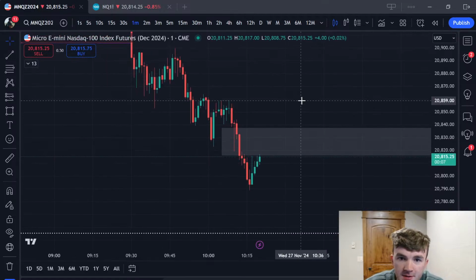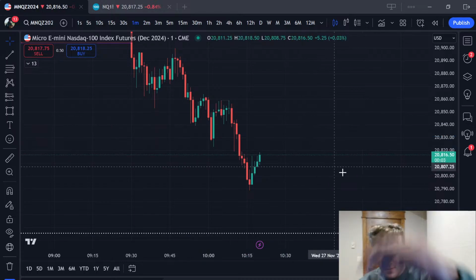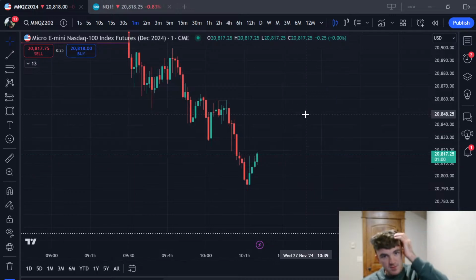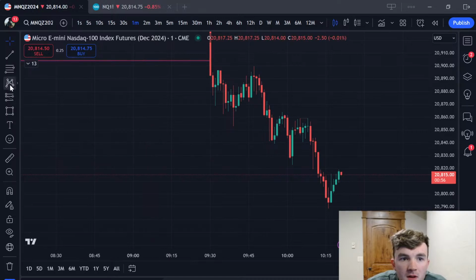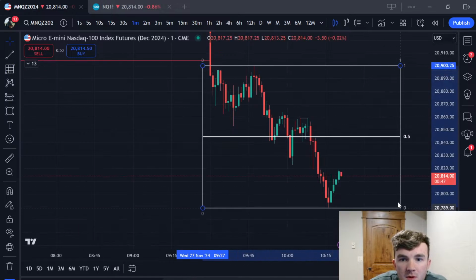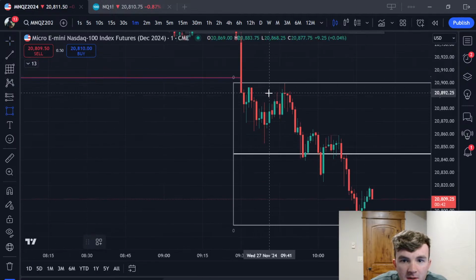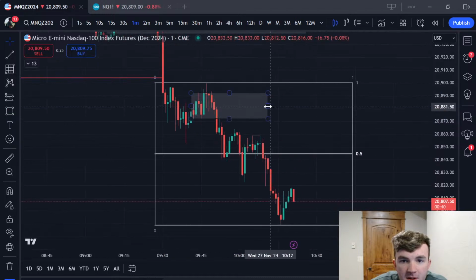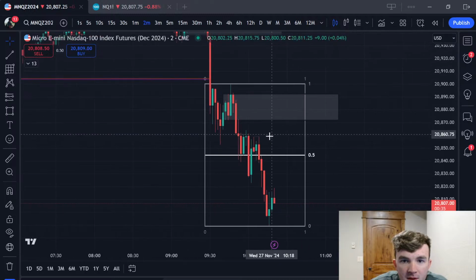We have equal highs though. Here you can see we have a breaker. This is a nice breaker, right? Overlapping with this value gap.